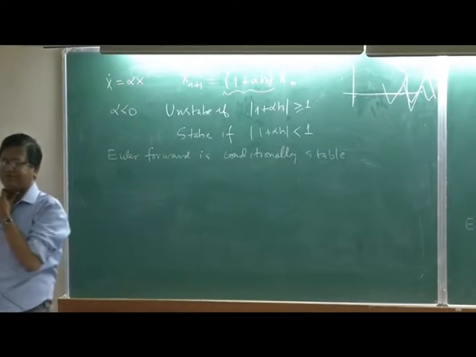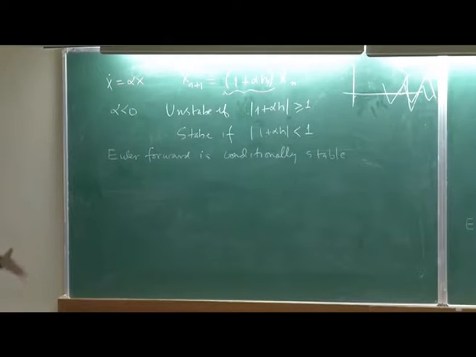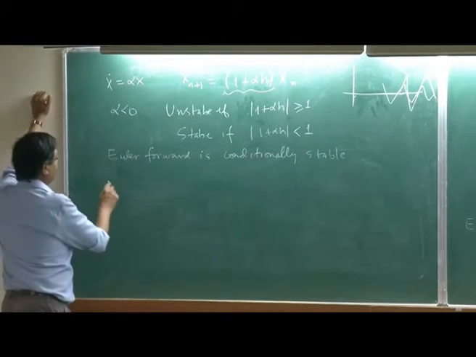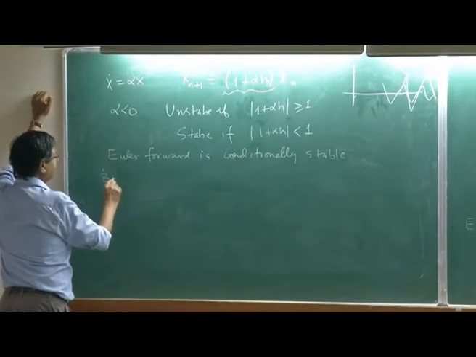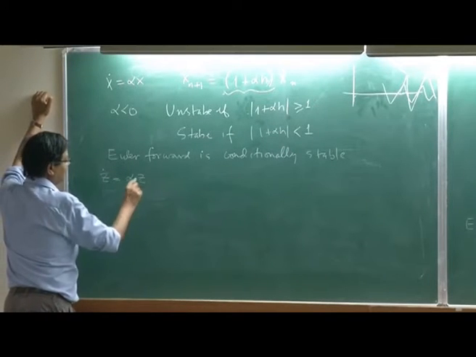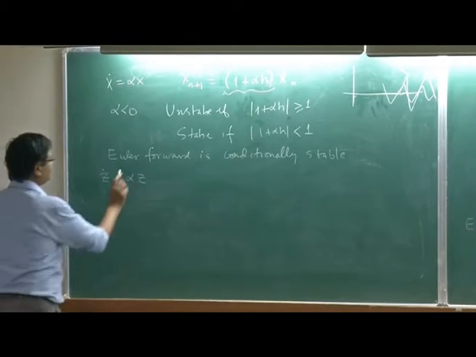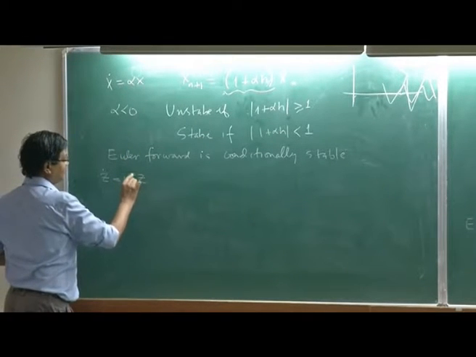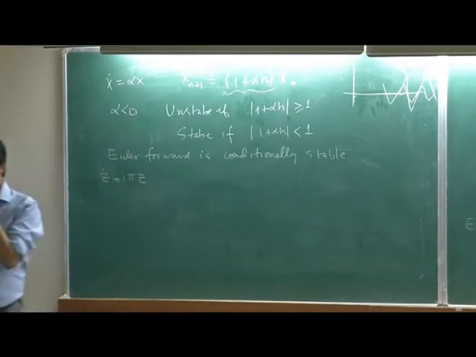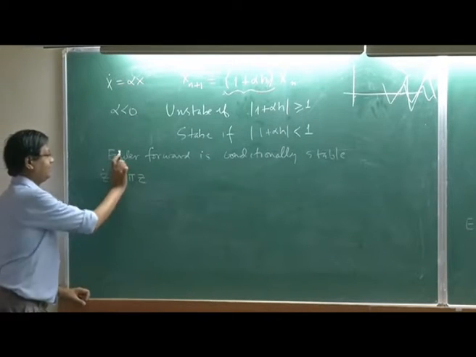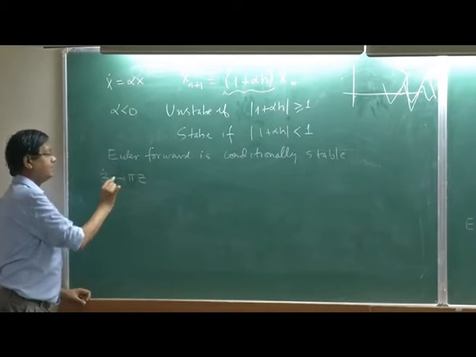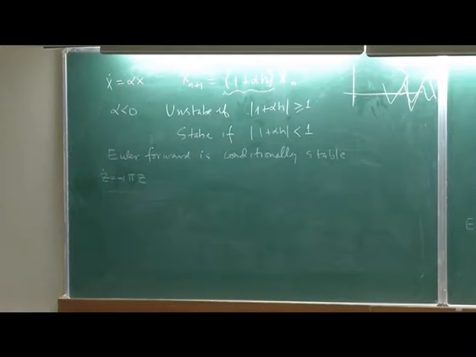Is that clear to everyone? So let us do a slightly different example. I am going to use, instead of x dot, z dot equals alpha z, but z is complex and alpha is also complex. I use alpha as minus I pi. This is an example from Iserles' book. So what does the solution look like?